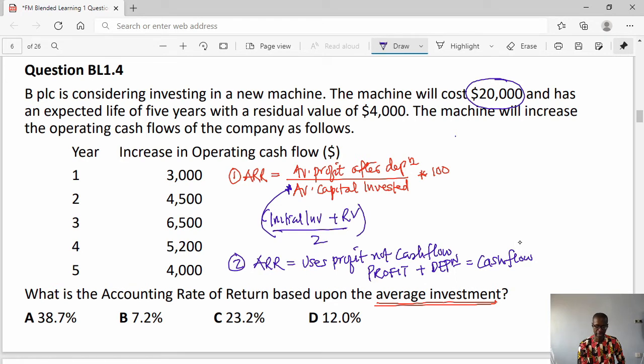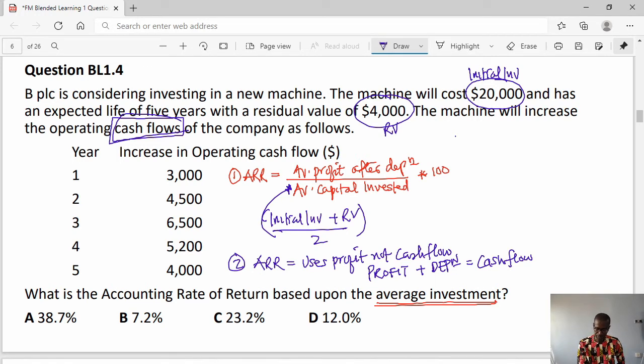It has an expected life of 5 years with a residual value of $4,000. This is the initial investment, and this is the residual value. The machine will increase the operating cash flows, not the profit. So all the figures you have are cash flows of the company. But I know that if I have the cash, I should take away the depreciation to get my profit.